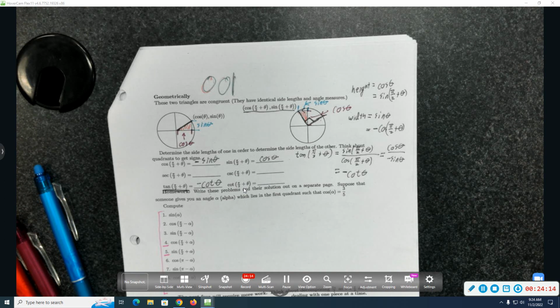They're perpendicular to each other. Do you know how the slope of a line that's perpendicular to another line should compare? It should be negative the reciprocal. Oh, cool. Cotangent is the reciprocal of tangent, and it's negative. So this is exactly what it had to be.